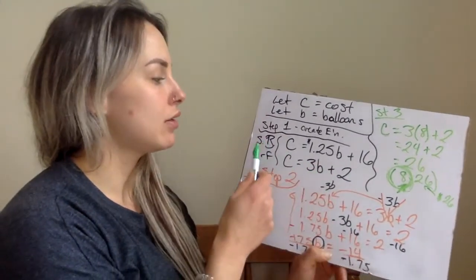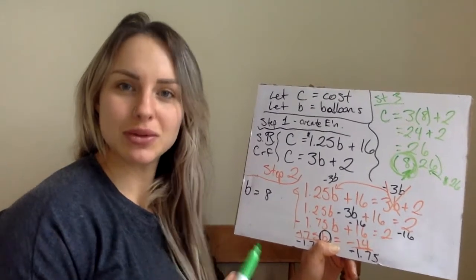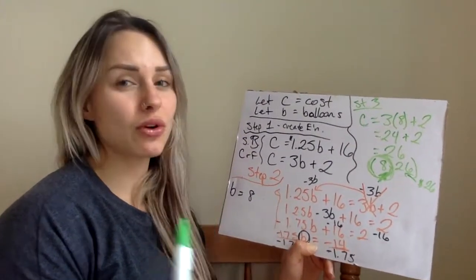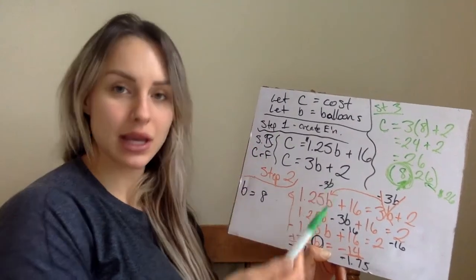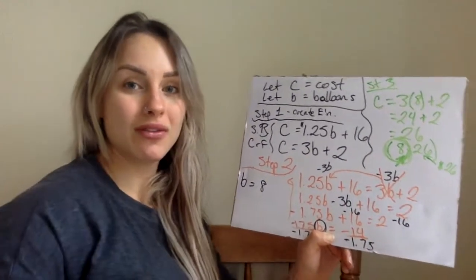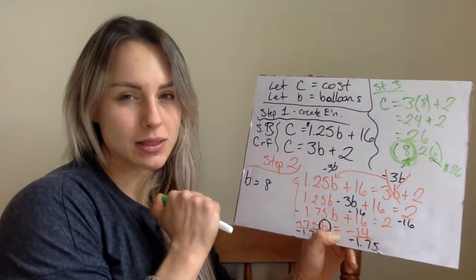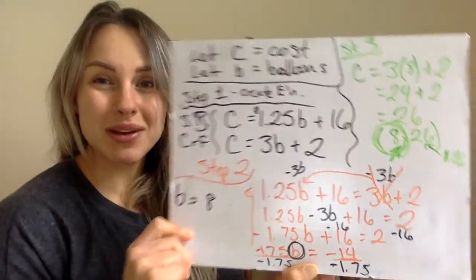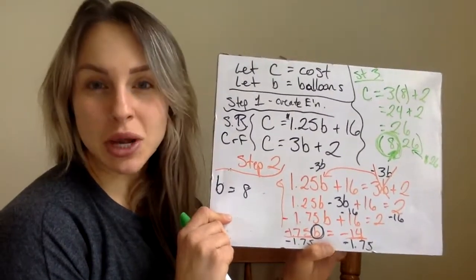So she would go with the Clowns Are Fun balloons. If she's ordering less than 8, you're going to want to go with the singing balloons because it is cheaper for delivery that way. Does that make sense to you guys? I'm hoping so. It is a little bit messy, I understand, but I'm hoping the explanation helps a little bit.